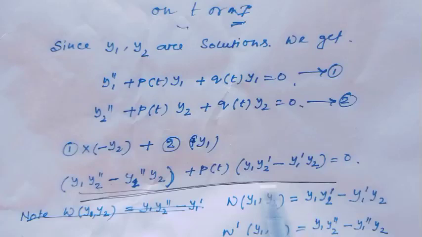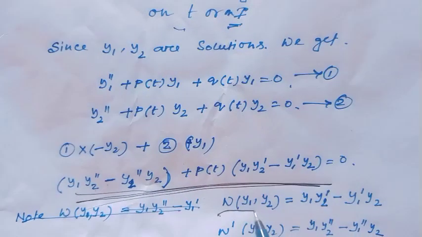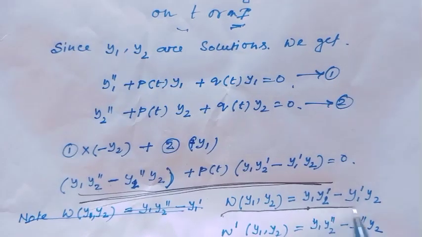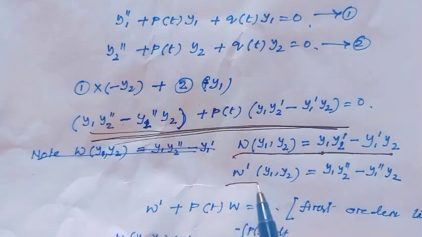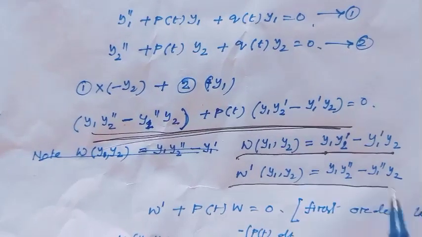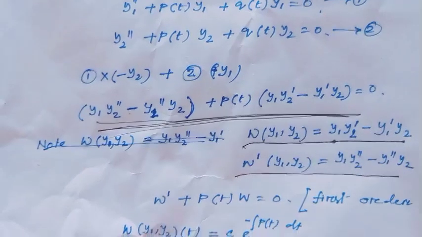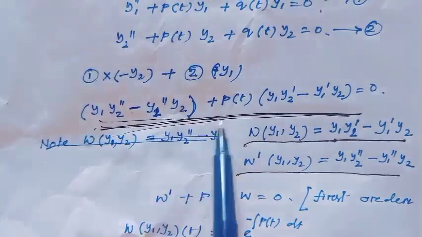I will get this equation, and we all know the Wronskian of y1, y2 is y1 y2' - y1' y2. Then obviously the derivative of the Wronskian, W', would be y1 y2'' - y1'' y2. That means this equation reduces.